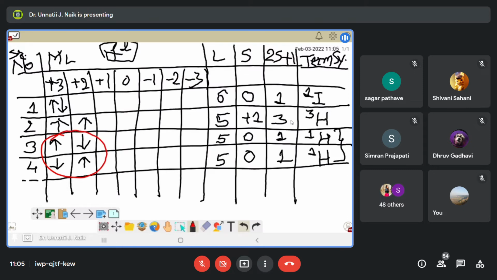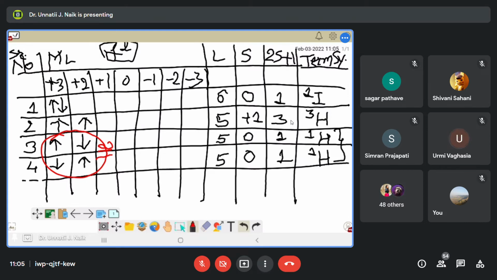For instance, we have considered electron 1 was up in +3 and electron 2 was down in +2. Then I have changed electron 1 to down in +3 and electron 2 to up in +2. But these both are actually similar conditions. Can you understand?